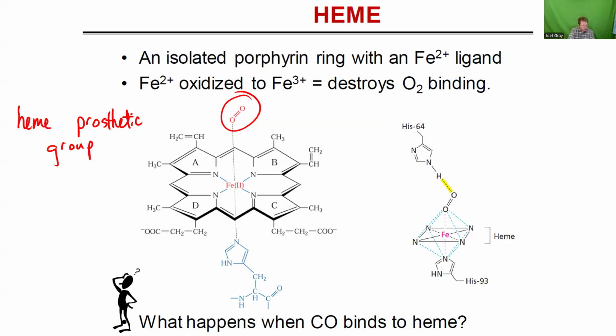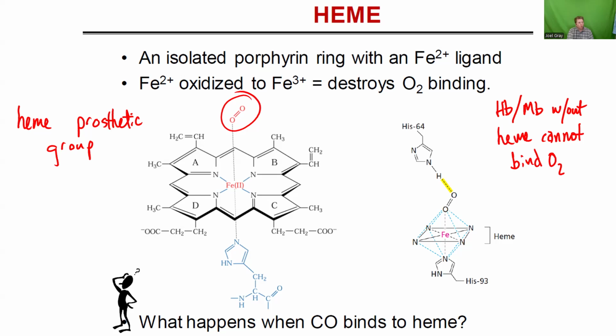So I want to bring this up: HB, or hemoglobin, or MB, also known as myoglobin, without heme cannot bind O2. With heme and with that iron, all of a sudden hemoglobin and myoglobin are able to bind O2.